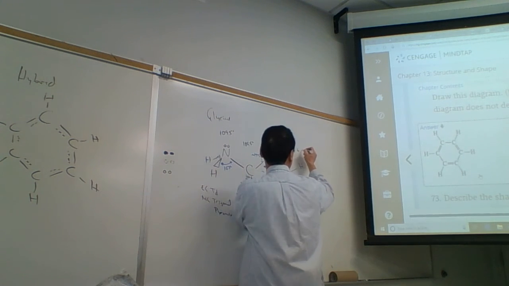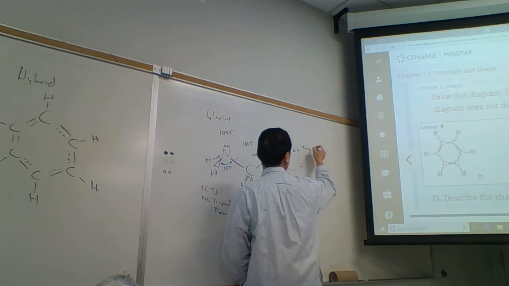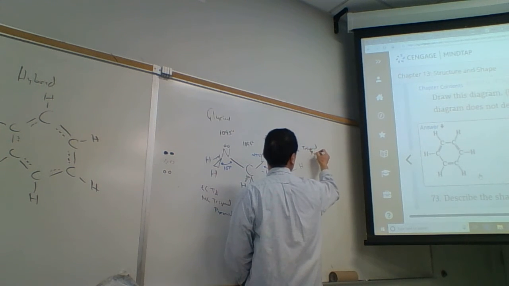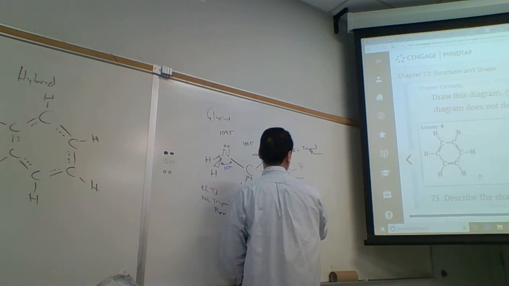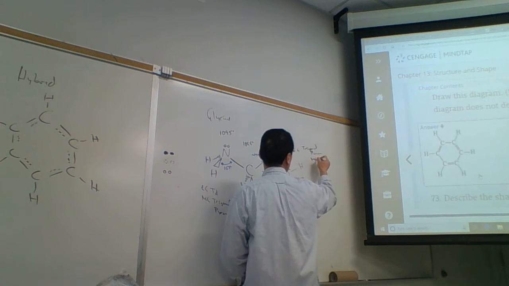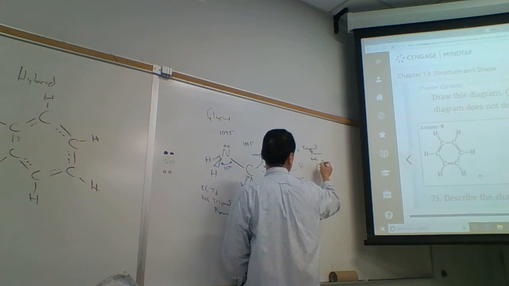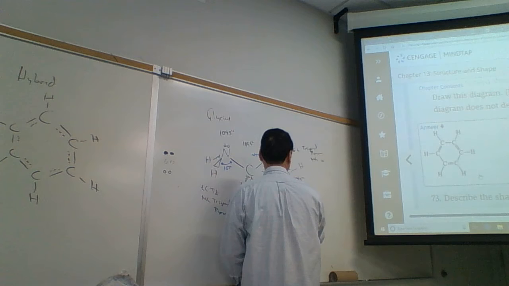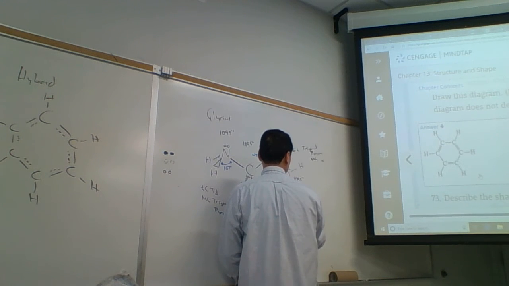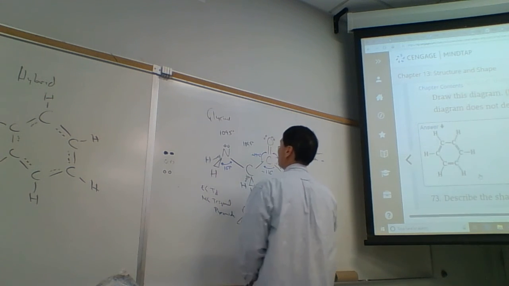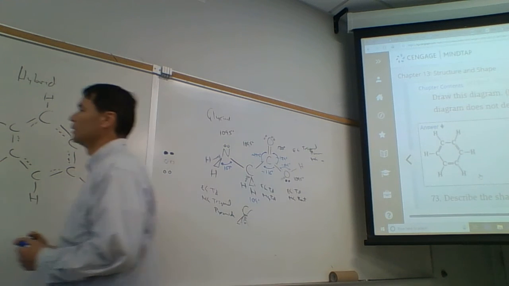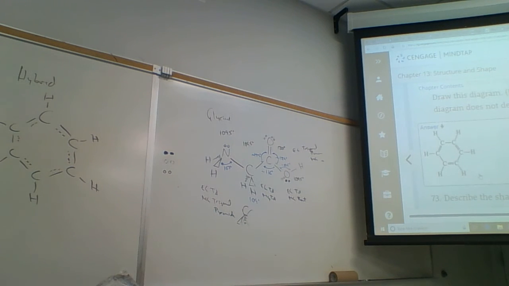EG for this carbon is trigonal planar, and this oxygen, MG is trigonal planar. And this oxygen, EG is tetrahedral, MG is bent. And then the ideal angles are given here in black. Distorted angles in blue. All right, any questions on that?